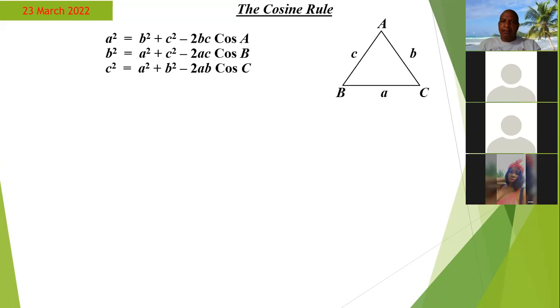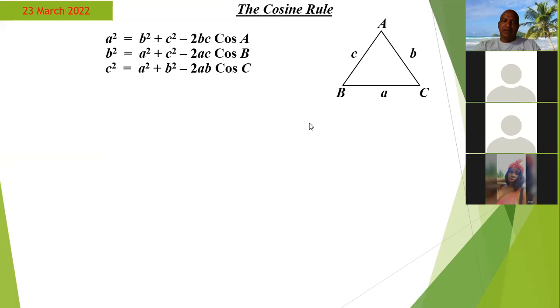So don't worry your head about how they look just now. We will go through them together and you will take the time to learn them, all right? So the cosine rule comes in 3 parts.